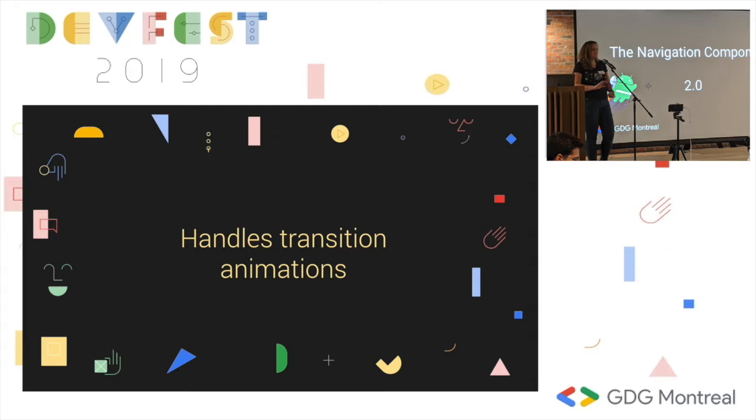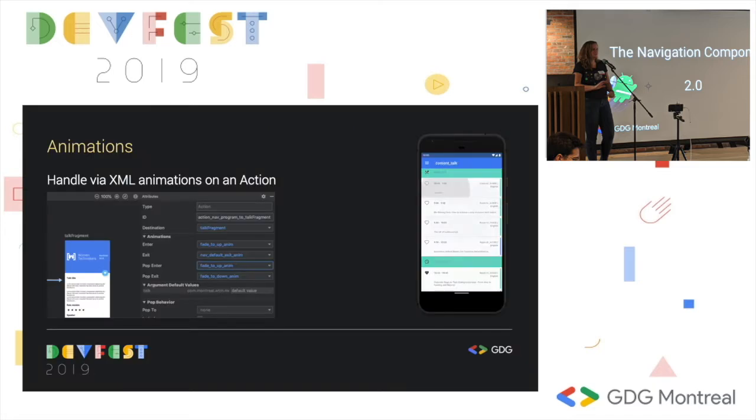Another nice thing with the navigation component is how to handle animation transitions. You can do it directly on the graph and specify some XML animation directly here. This is on the action, on the arrow here. You specify, hey, when I enter, I want to fade in, and it will automatically create the animations for you.